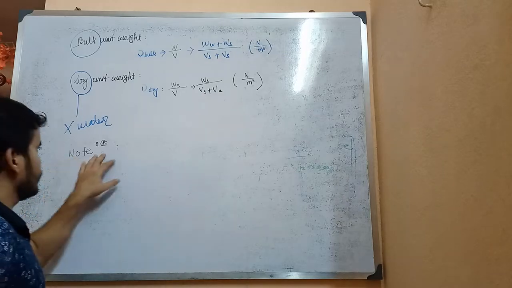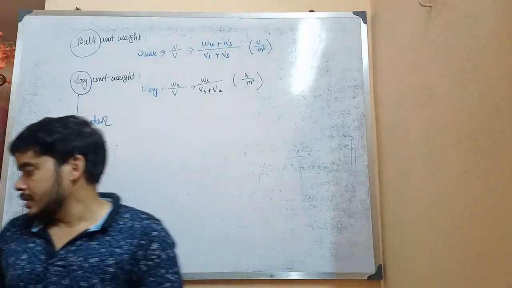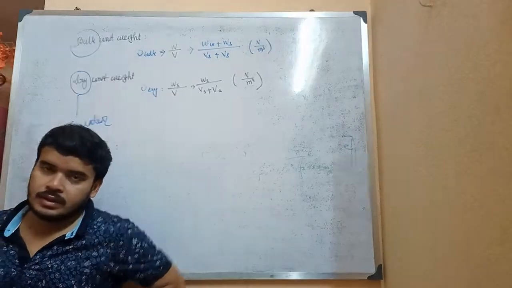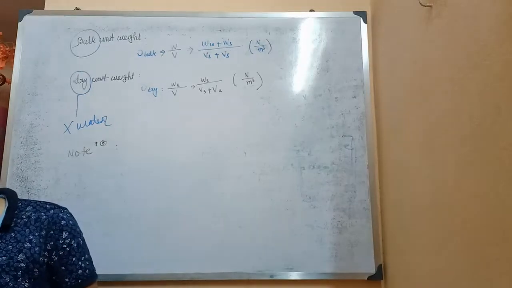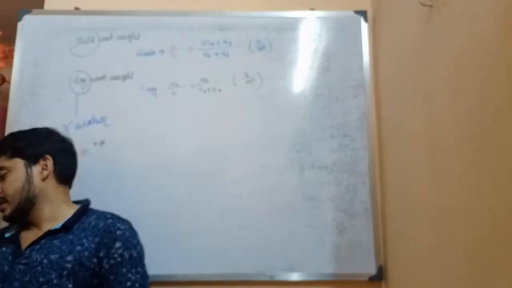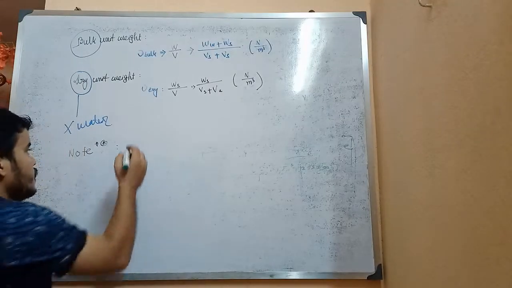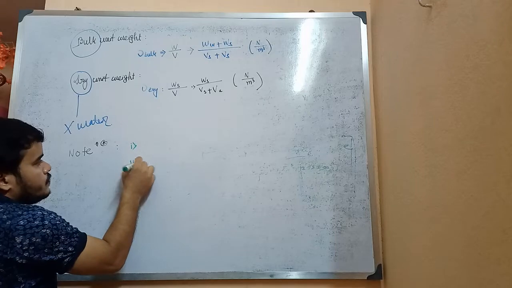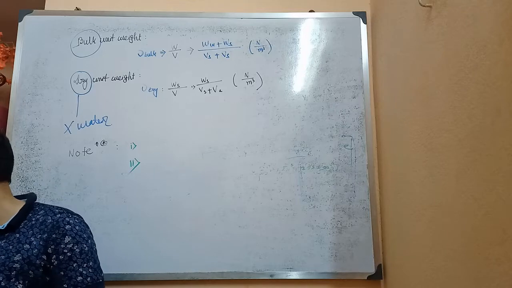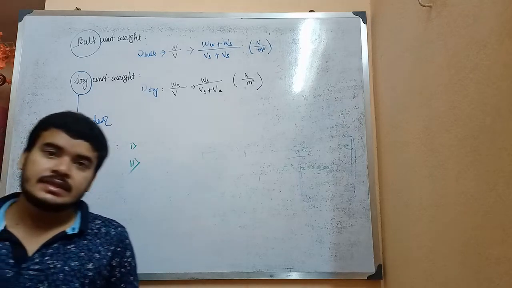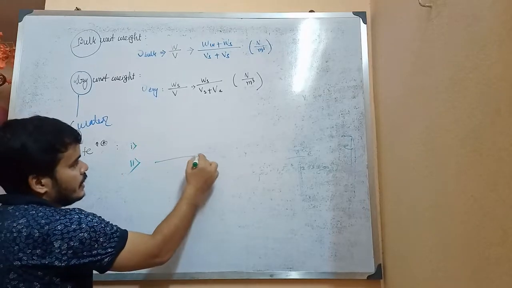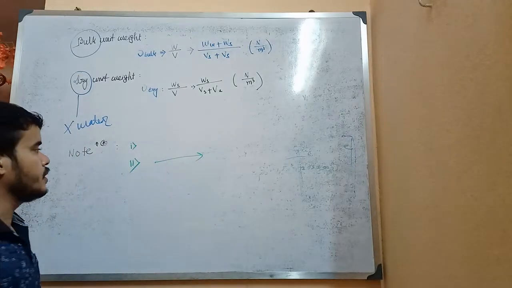Write down a note here. Note point 1: dry weight should be taken after oven drying of soil. Note point 2: dry unit weight of soil is an indicator of denseness of soil.